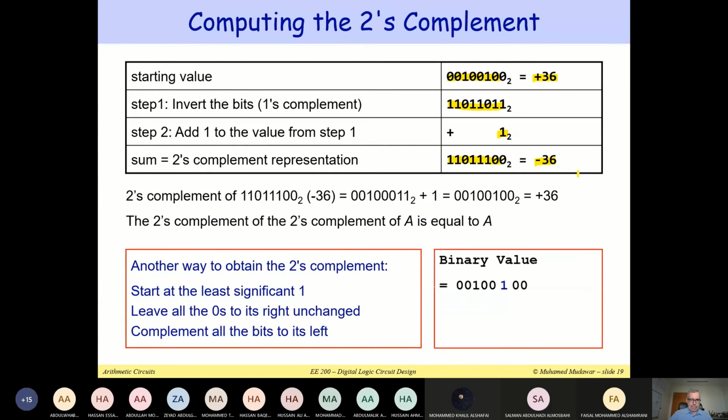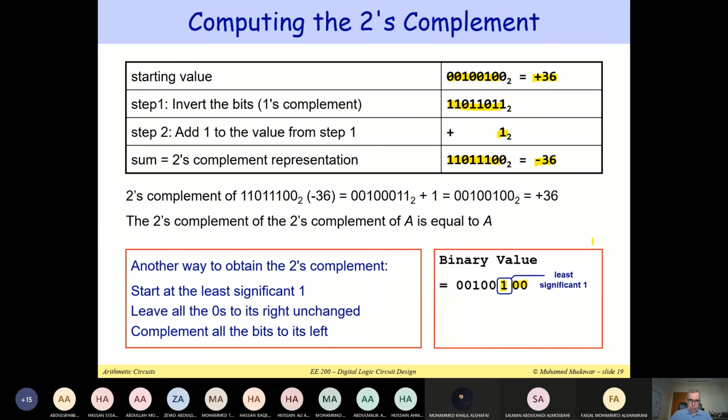There is another way to calculate the 2's complement of a number: you start at the least significant bit. This bit here is the least significant one. You skip the zeros. So again, this is plus 36. Skip the zeros that appear, these are the least significant zeros, until you reach the least significant one. Keep the 1 and the zeros, and complement all the bits that appear to its left.